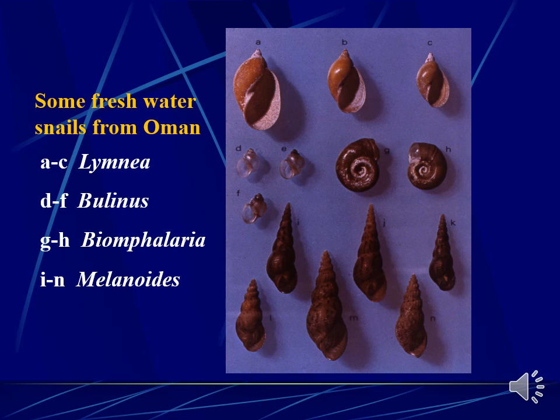All the other species from I to N, Melanoides tuberculata, are very popular here in many of the water bodies, whether these are springs or falaj, but they don't have any medical importance, as we know, it's not carrying any parasitic infection of medical importance.